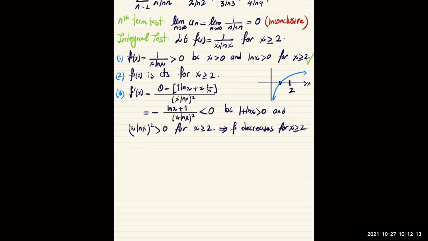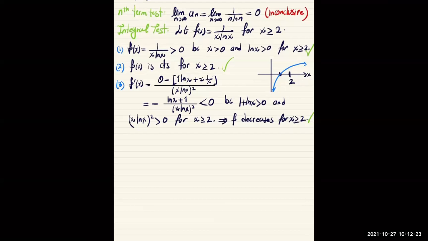All 3 requirements are met, and you have to check all 3 of them. Now we can use the integral test, hoping that we can find the antiderivative. That, again, as I said, is the bad thing about the integral test.